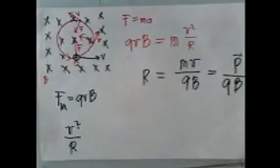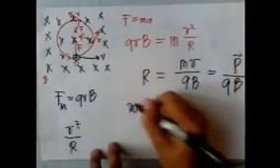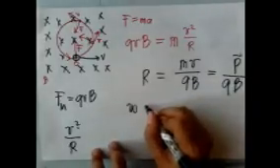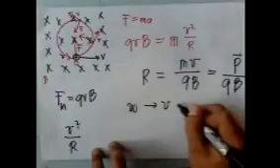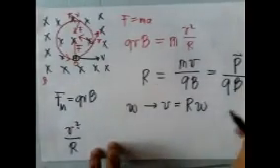So we can also write r in terms of the momentum here. The angular speed of the particle can be found as follows: v is equal to the radius times the angular speed.